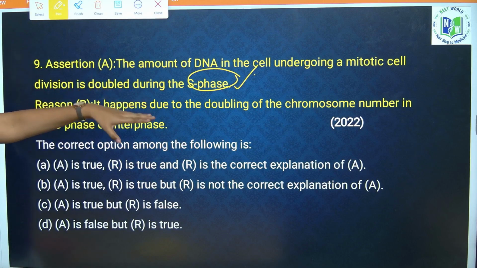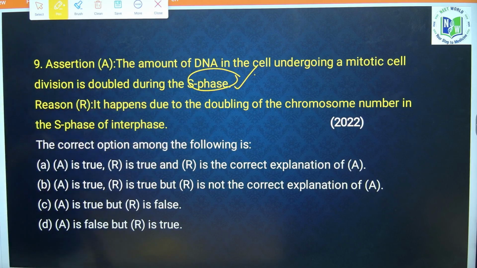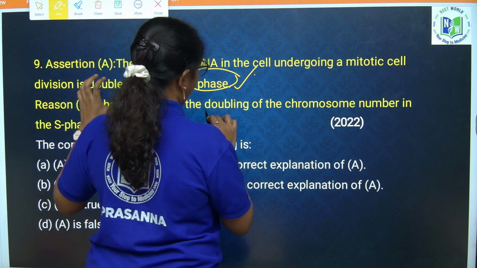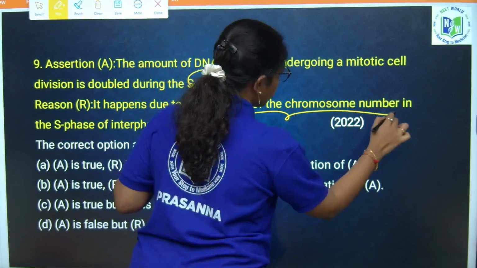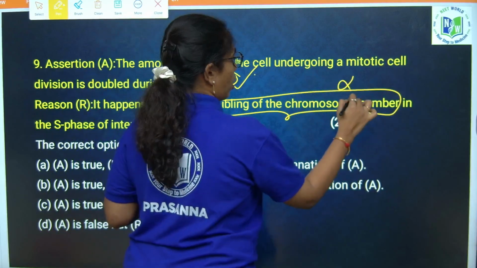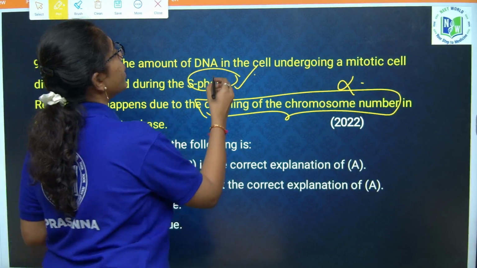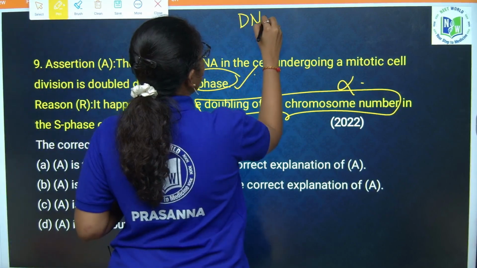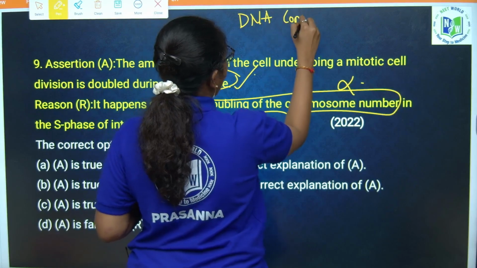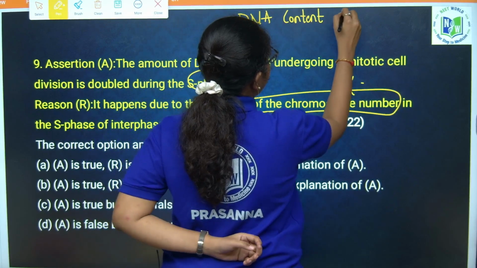The reason says it happens due to doubling of chromosome number in S phase of interphase. Correct? Wrong. Always remember, it is DNA content that doubles, not chromosome number.